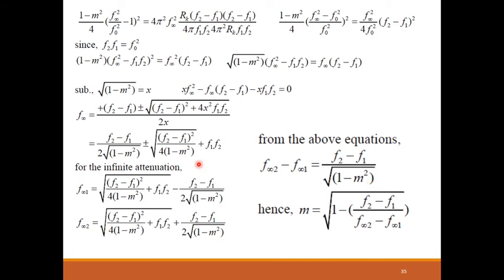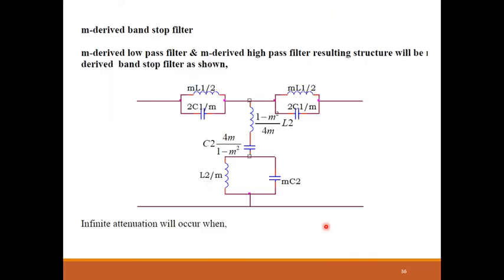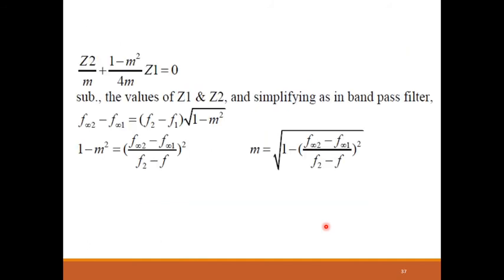In the same way we can derive the expression for the band stop filter, so we can discuss directly the final expression. The condition here is also the same, but here f infinite 2 minus f infinite 1 should be equal to f2 minus f1 into the square root of 1 minus m square.